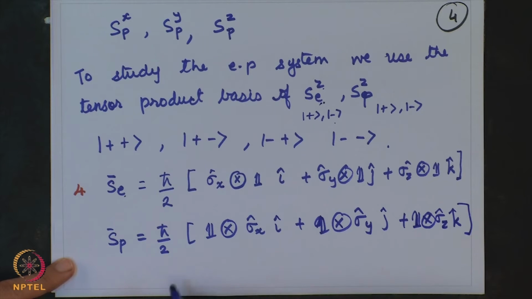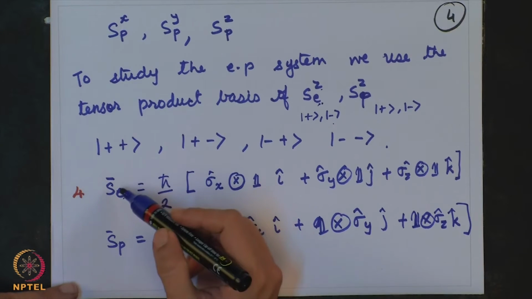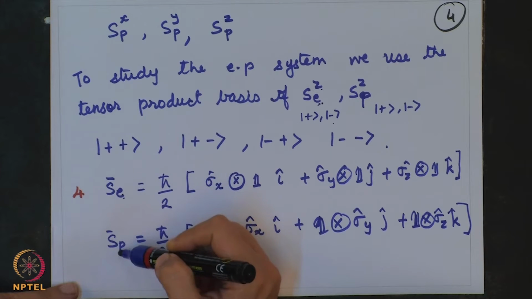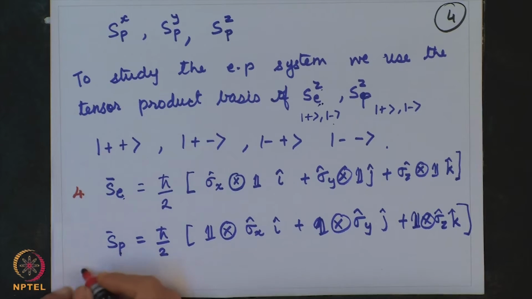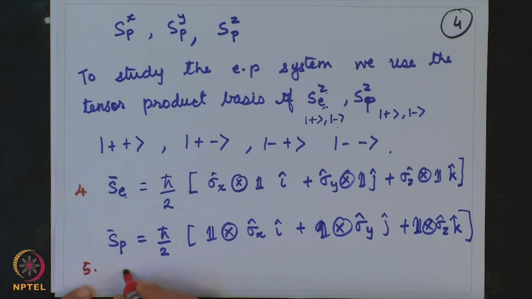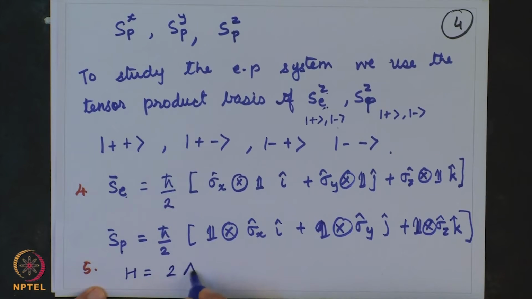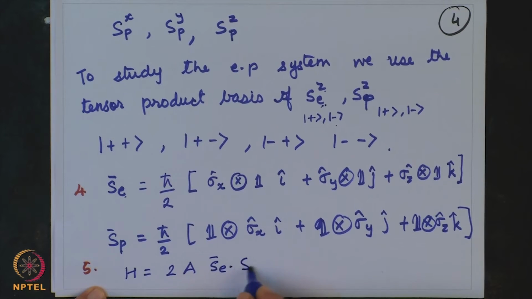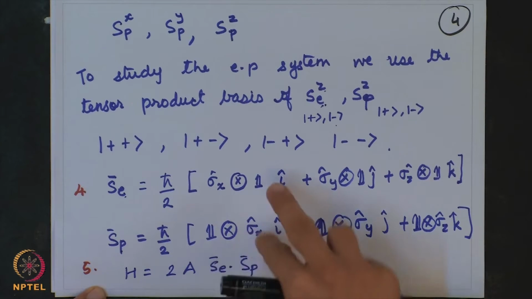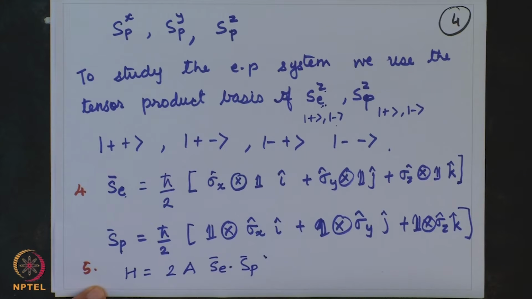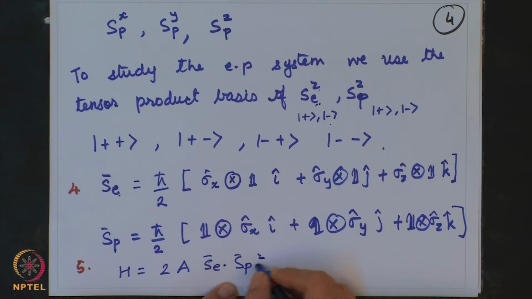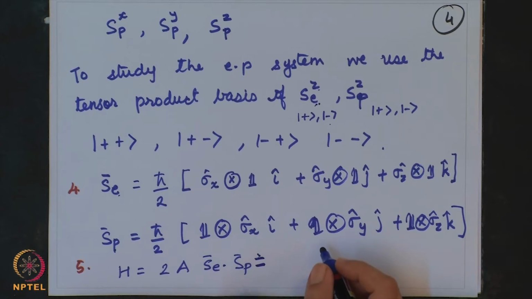Alright. Now, next, since you know what SE and SP are, the Hamiltonian which is given to you can be written as 2A SE dot SP. Now, when you do this dot product, you will do the tensorial multiplication.